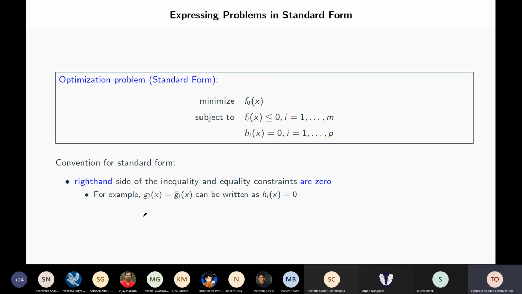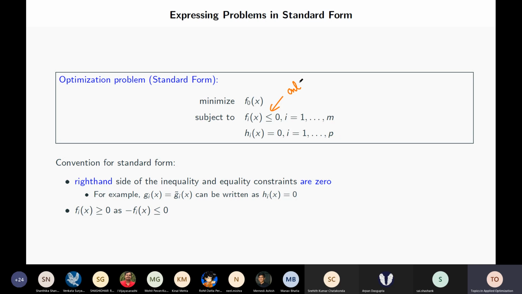So for instance, if someone gives me an equality constraint like this, then I should form hi to be gi(x) minus gi tilde(x), putting gi tilde on the right-hand side. So I redefine a function hi like this, and now I can write it equal to 0. So we may have to do this to bring this into standard form, and only less than or equal to is allowed.